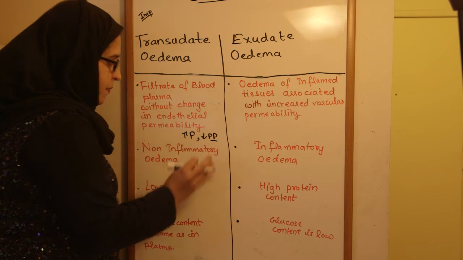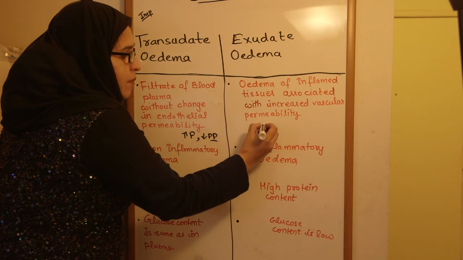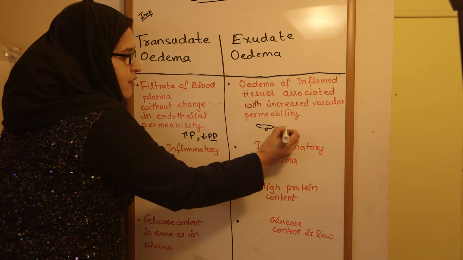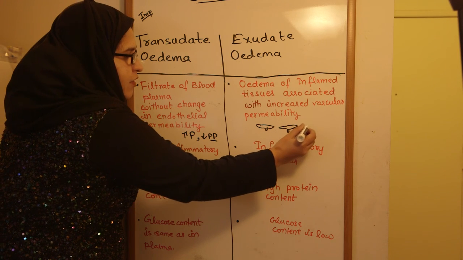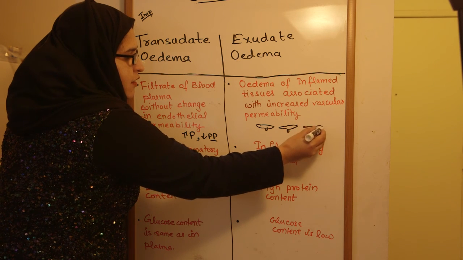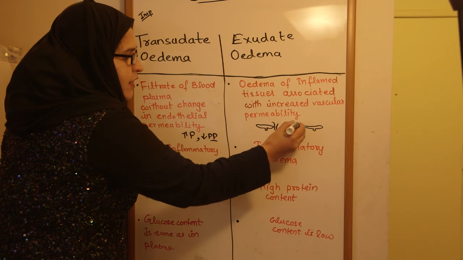Okay, and in this case there is increased vascular permeability, that is the endothelial cells are far apart, a gap is created between the endothelial cells of the vessels, and the proteins and the fluid can easily come out.